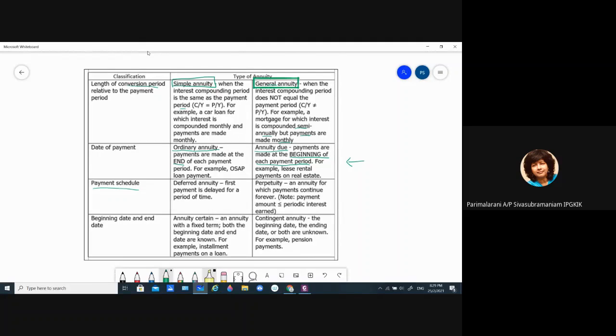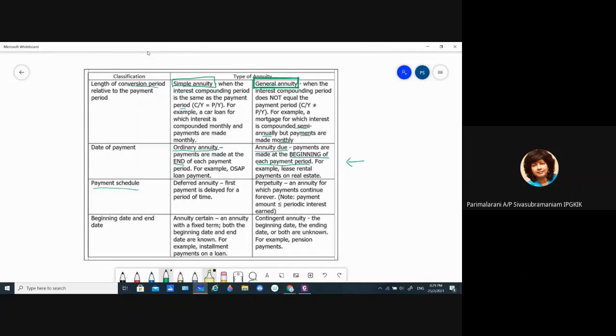Perpetuity is an annuity for which payments continue forever. Okay, you see, annuities there are two types. One, you can make the payment monthly or yearly, but you make periodic payments. The other type is you make one lump sum payment and leave it in your account.